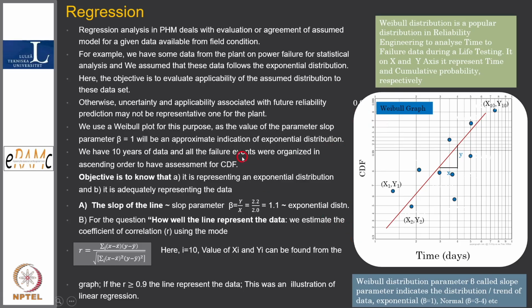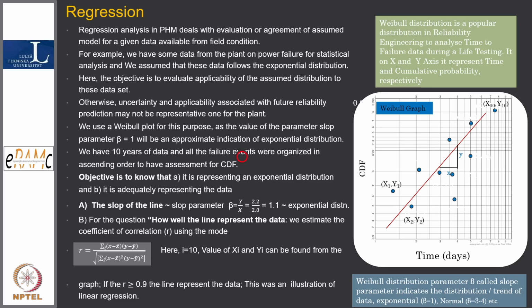Probably you may not all be knowing, like normal distribution, exponential distribution. There is called Weibull distribution, and you know that normal distribution is a bell-shaped curve. Exponential distribution is a non-linear curve, and then we have this Weibull distribution.